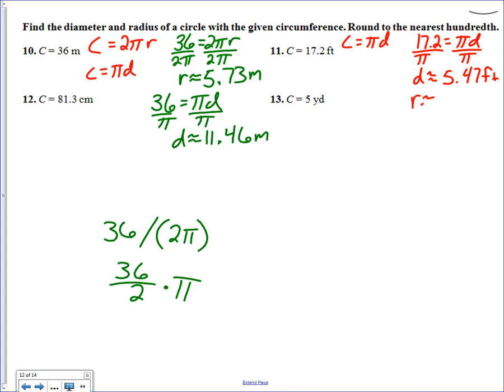The radius is about half of that, right? The radius is half the diameter, so we don't have to use the formula we used on the last one. We can just divide 5.47 by 2, and we get about 2.74. And that problem would be done.